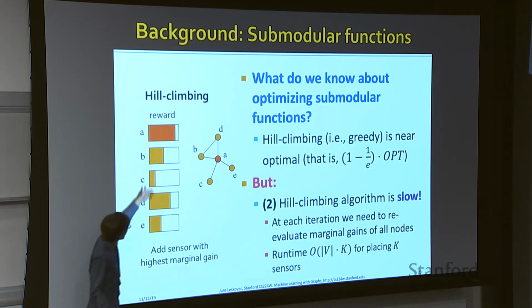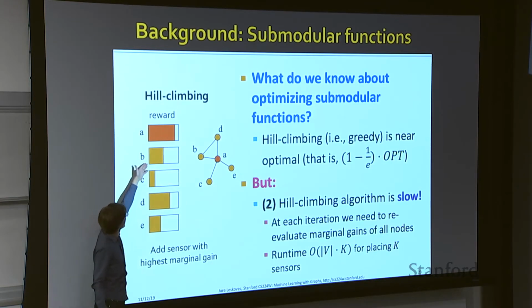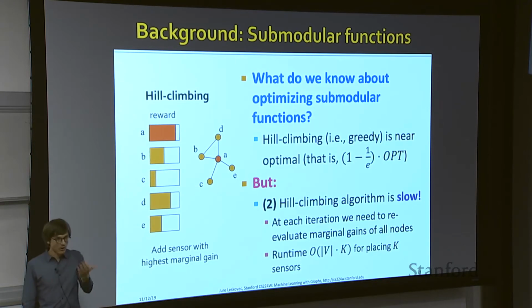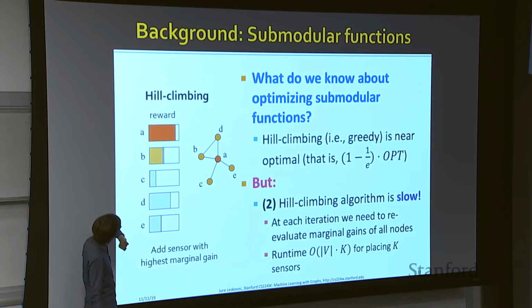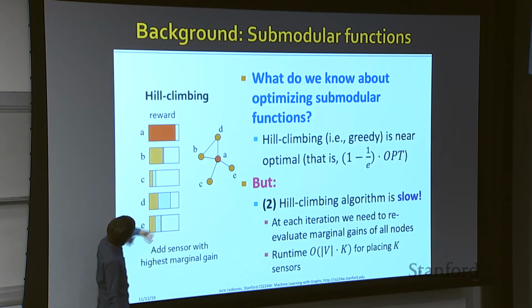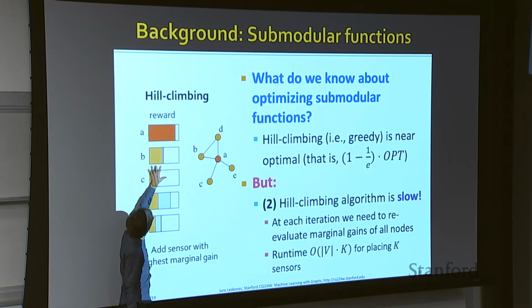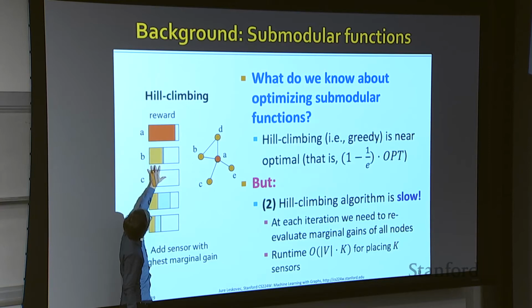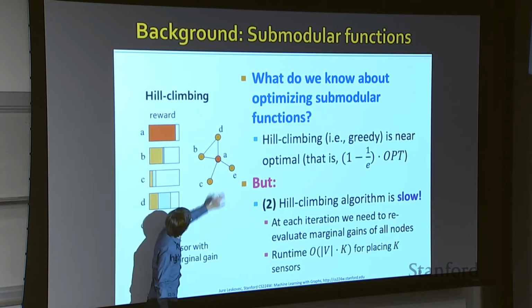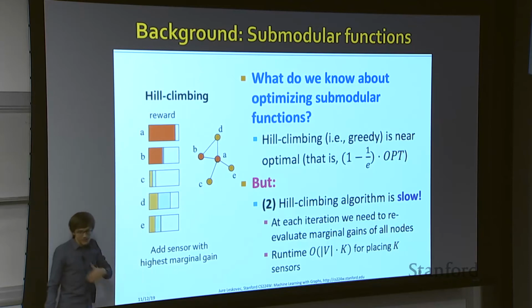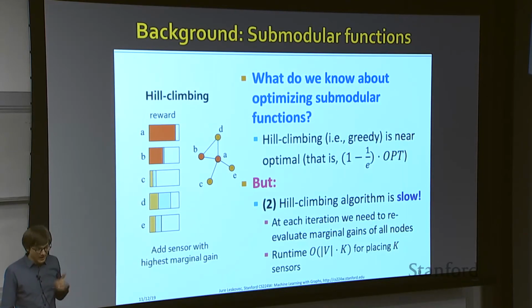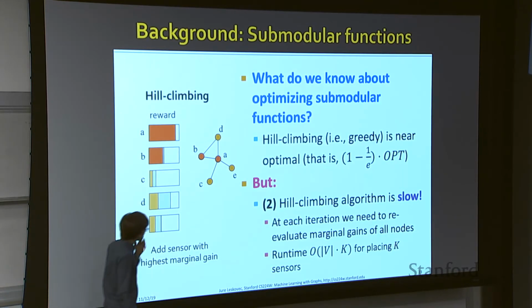Now we need to reevaluate the marginal benefits, the rewards, of all other remaining sensors. So the rewards become invalid, and we go and evaluate them, and again pick the sensor that gives us the highest marginal benefit, place it, invalidate these rewards, reevaluate them, and keep doing this. And as I said, this is slow.